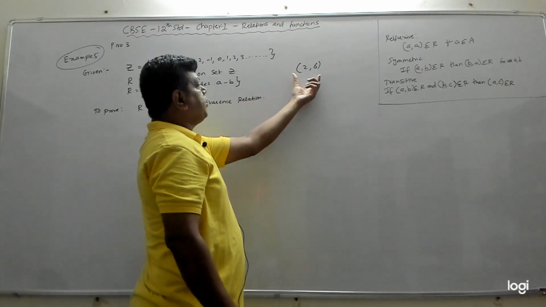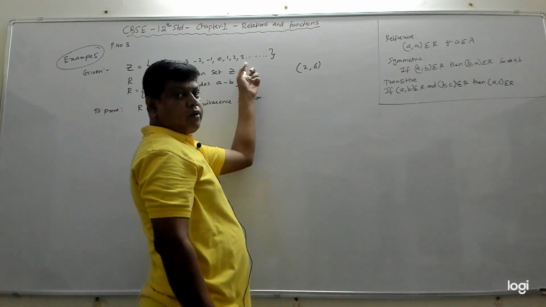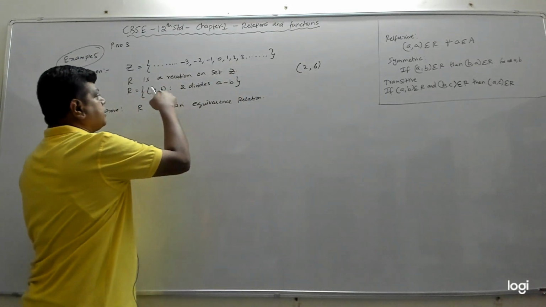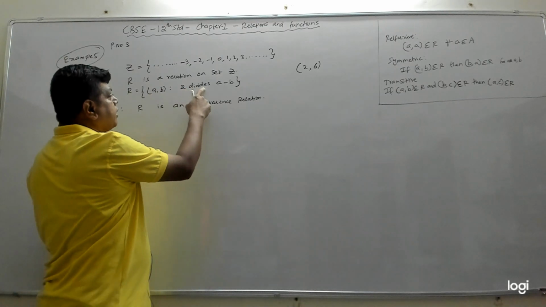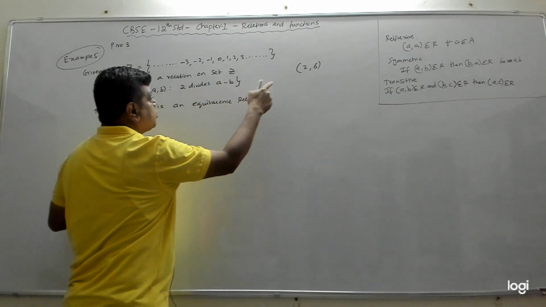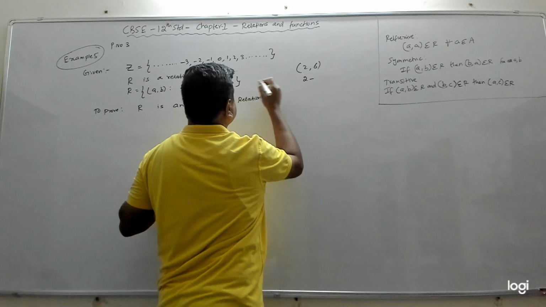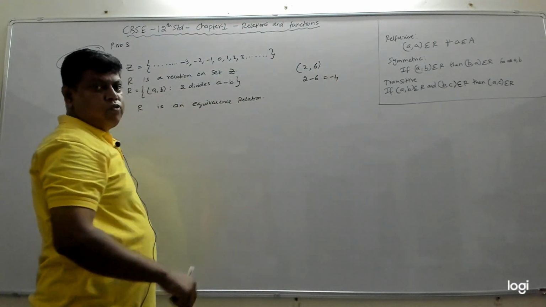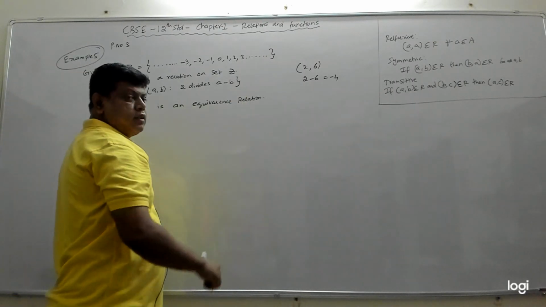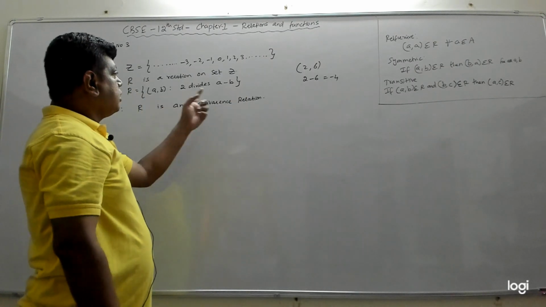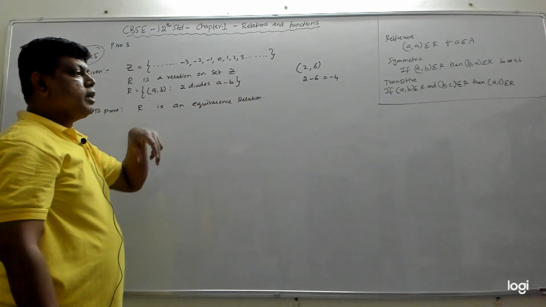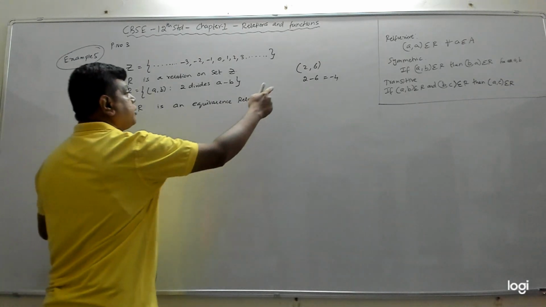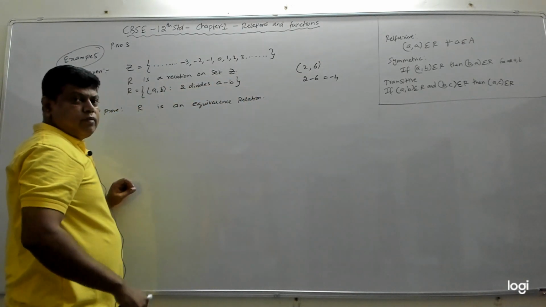If I take a particular ordered pair, like (2, 6), to check whether it is present in this set, we have to check whether 2 divides a minus b. Here a is 2 and b is 6, so 2 minus 6 is minus 4. Does 2 divide minus 4? Yes, minus 4 is divisible by 2. So we can say (2, 6) belongs to the set.